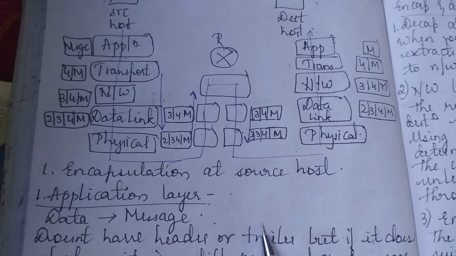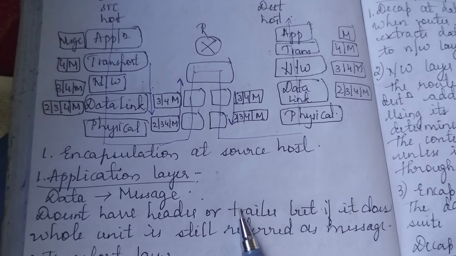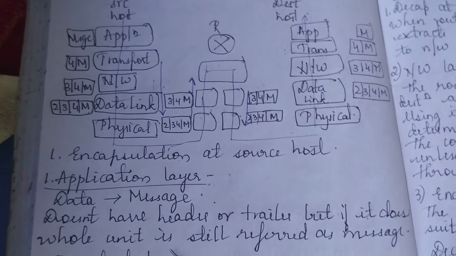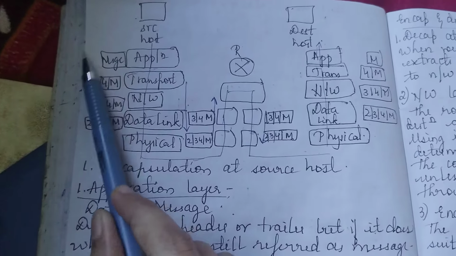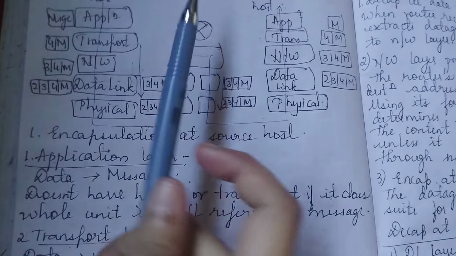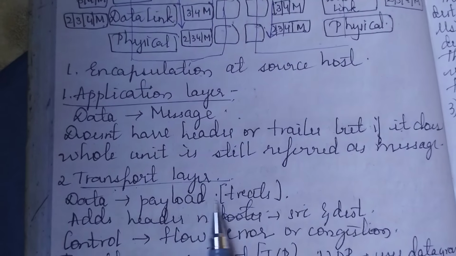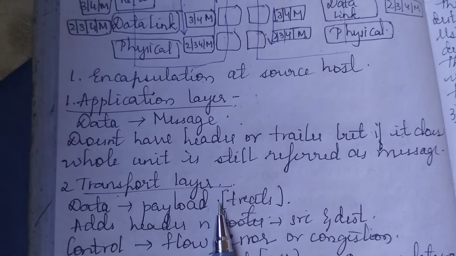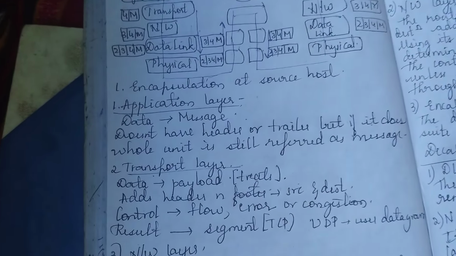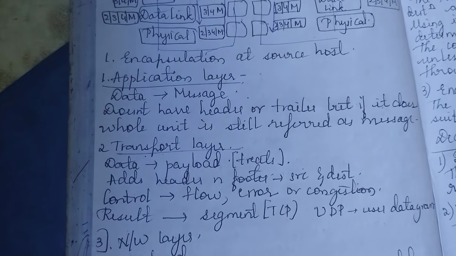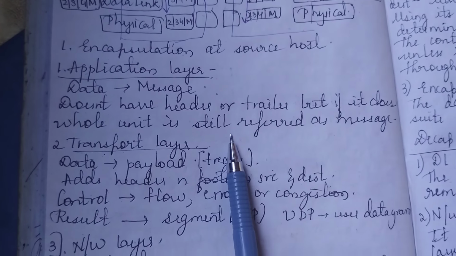Even if it doesn't contain any such header, we still send it to the transport layer and we still call it a message only. Then comes the transport layer. Here the data that is transferred is called payload. In case of an encapsulation or decapsulation answer, what we are supposed to explain is what kind of data is getting transferred and what is happening.